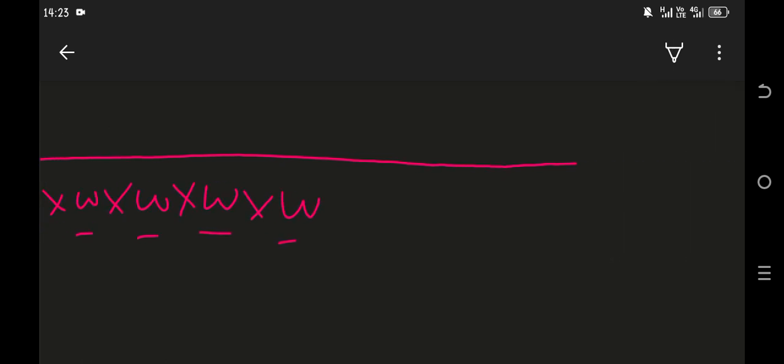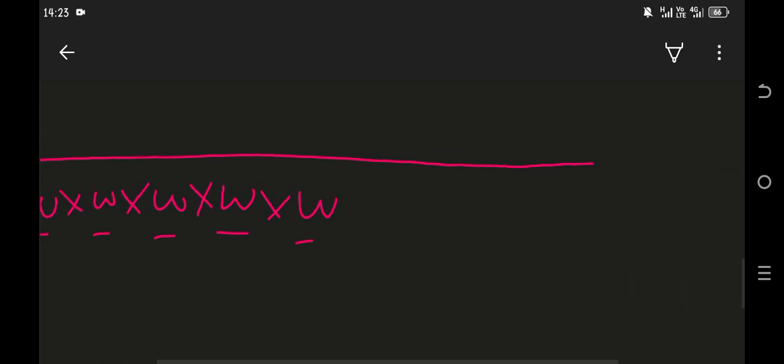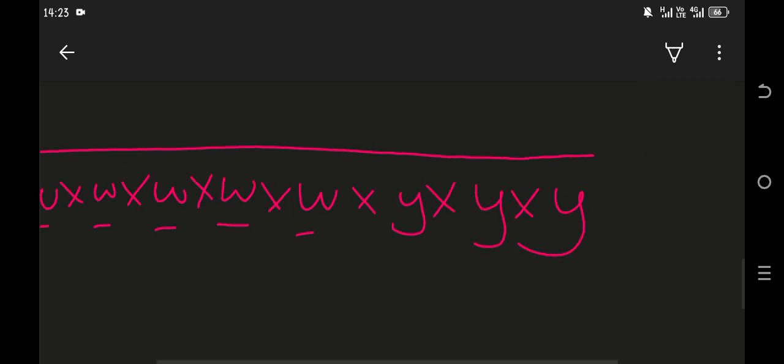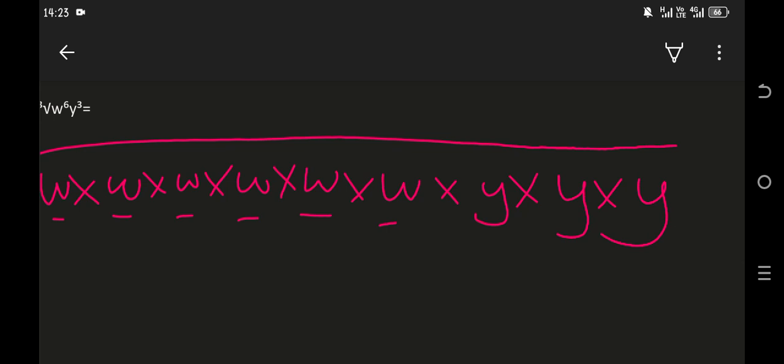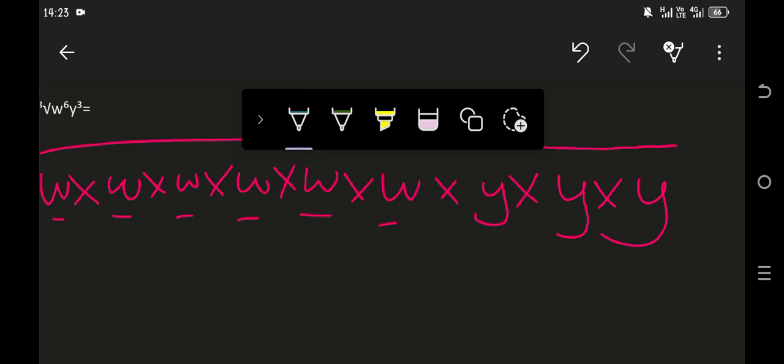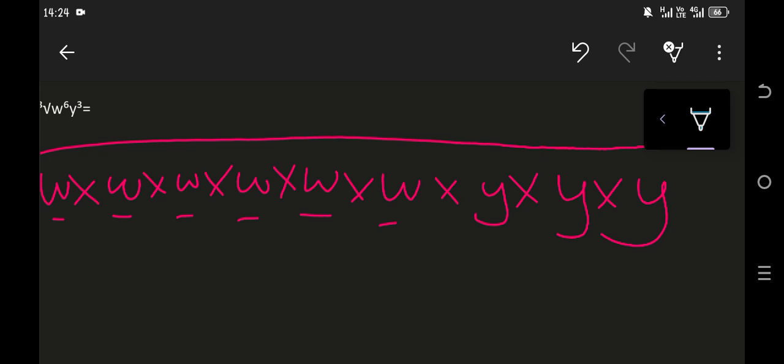Then we have y raised to 3 times y raised to 3. So we are going to pick one from every group of 3's. For the first one, we have 1, 2, 3. We'll pick w from here.